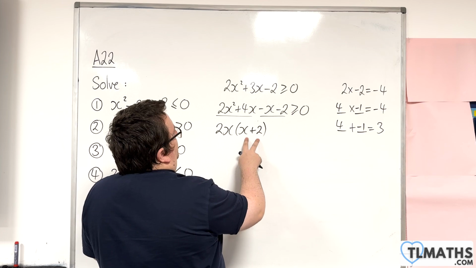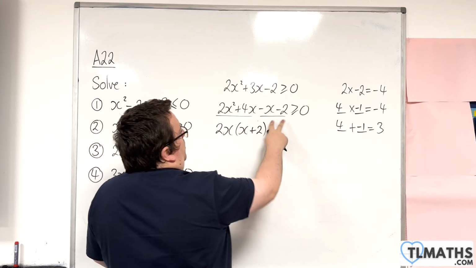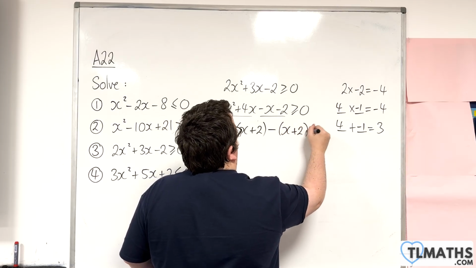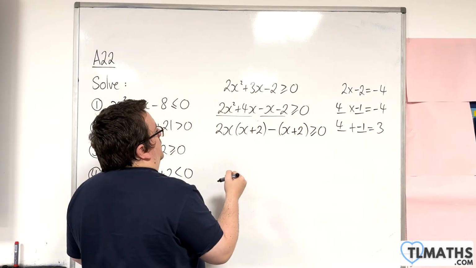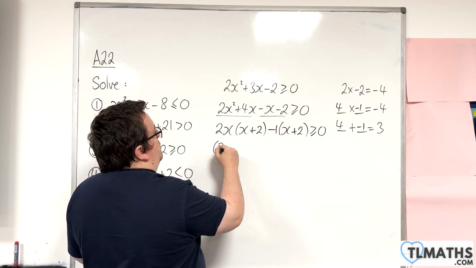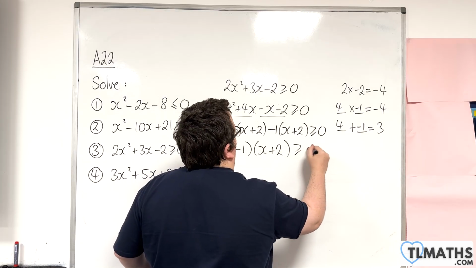So I factored out 2x and then I've got x plus 2 in the bracket. So I want x plus 2 in the bracket here, so I'll factor out -1. So one bracket is 2x take away 1, one bracket is x plus 2.